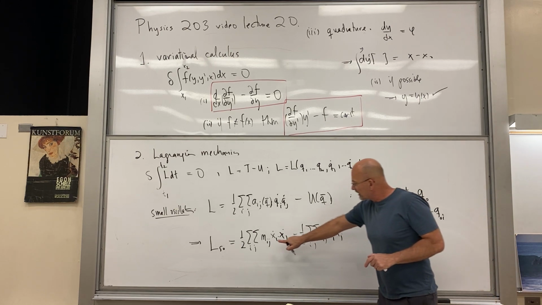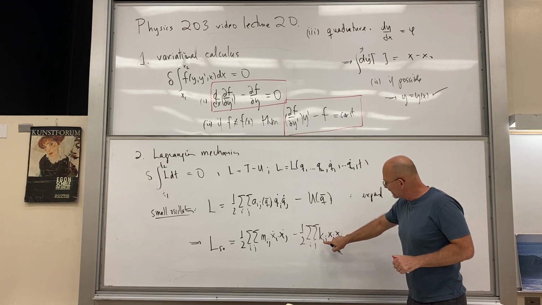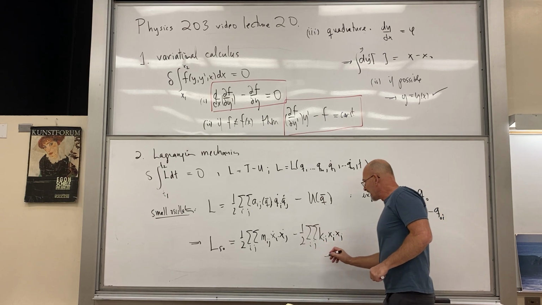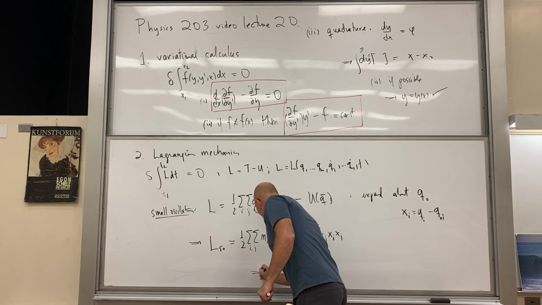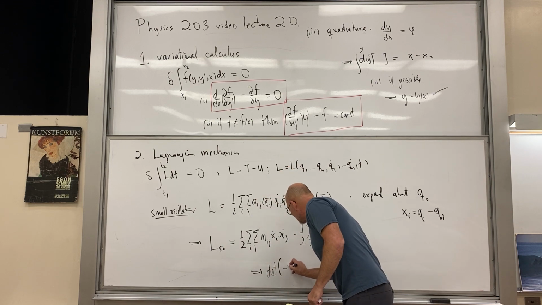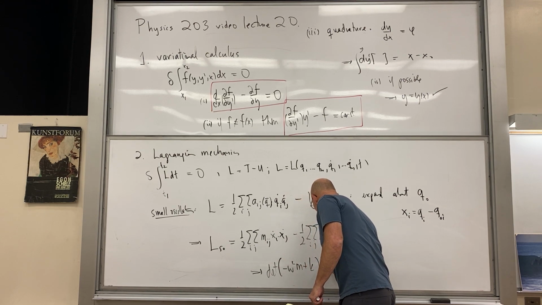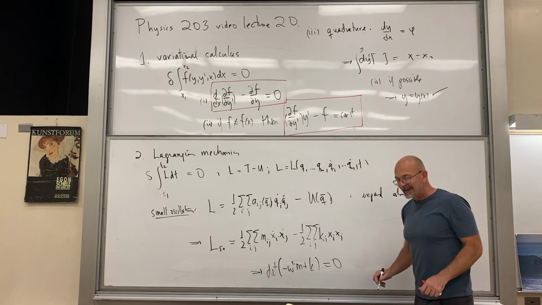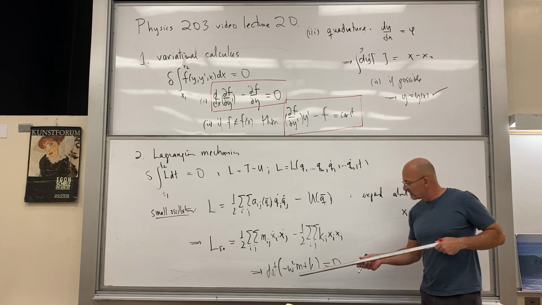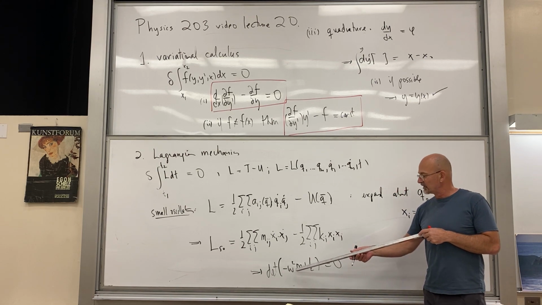And if this matrix is M and this matrix is K, then we had finally the determinant of minus omega squared M plus K equals 0, which gave us the characteristic polynomial for these omega squareds.